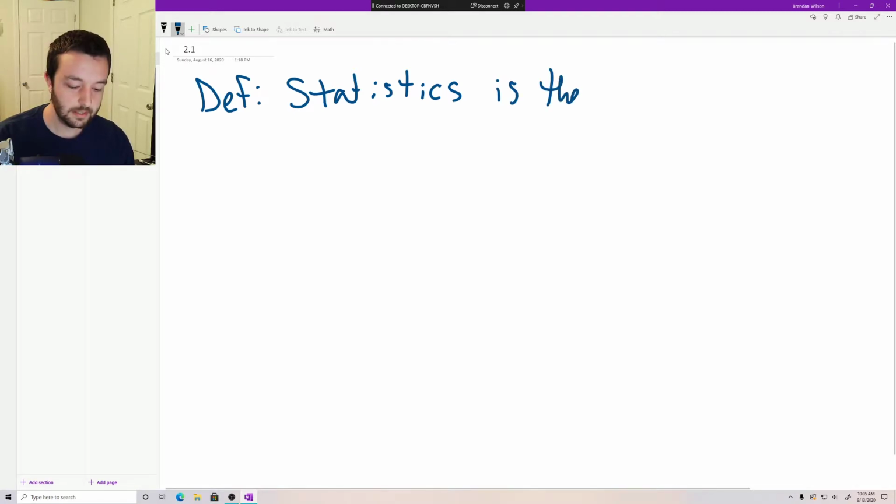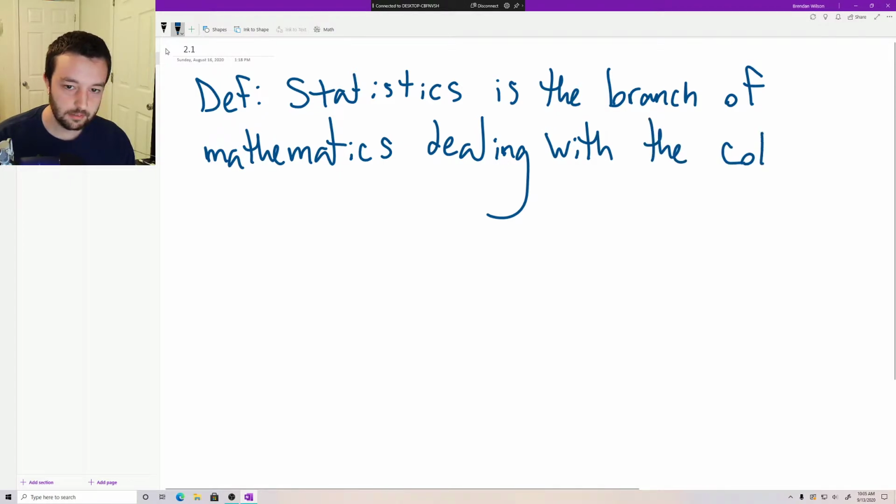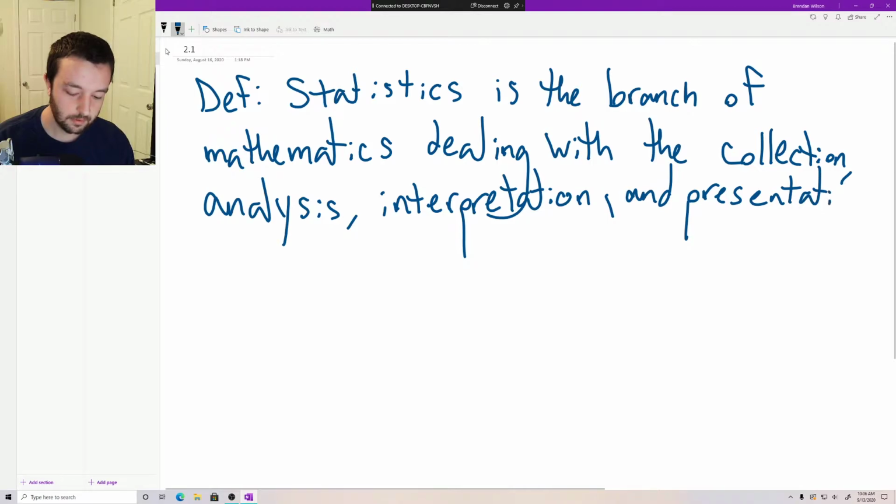Statistics is the branch of mathematics dealing with the collection, analysis, interpretation, and presentation of data.